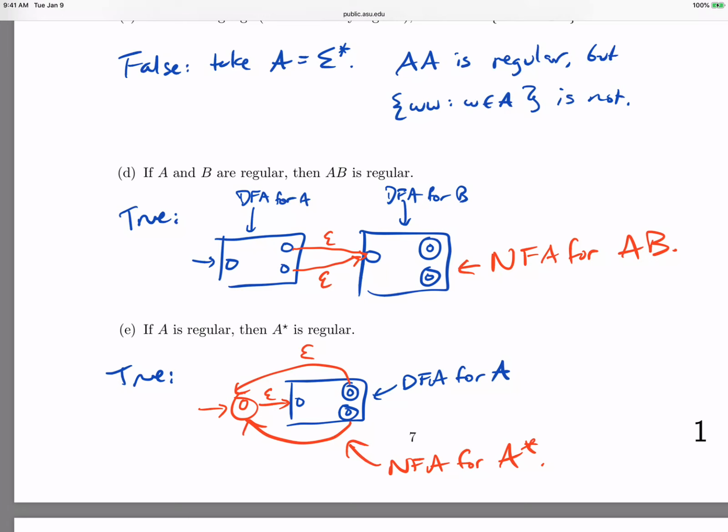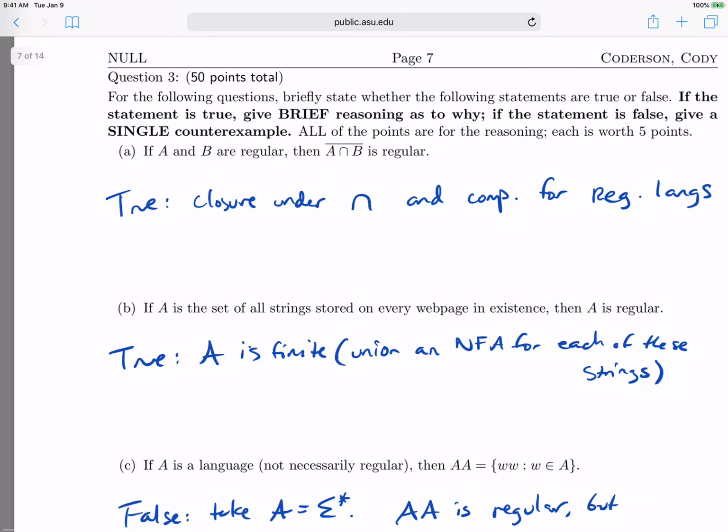Because the question says prove that this is true or show a counterexample, and you said true because it is true. So you see why that's a problem? And then you may say, oh, well, why don't you have that problem for A, where you said all you need to say is closure under intersection and complement. Why are these two different?